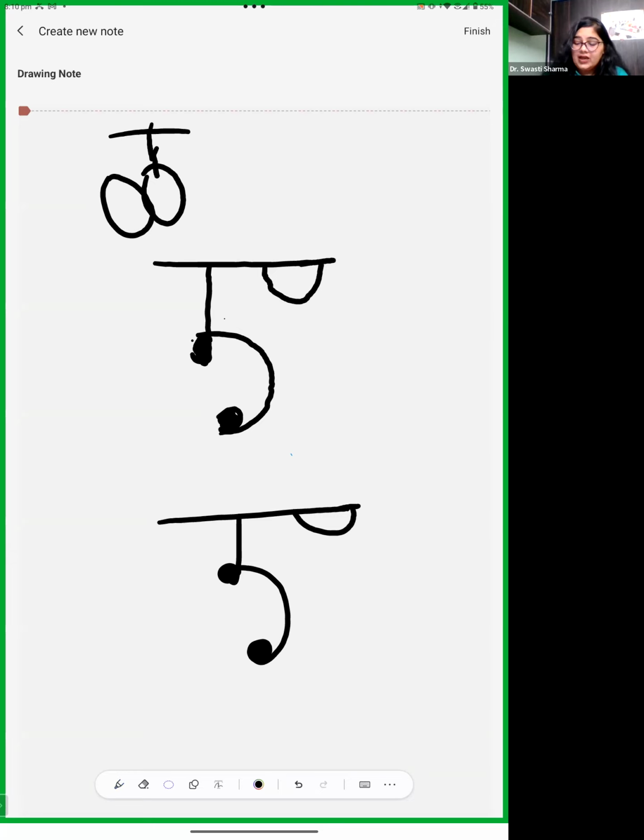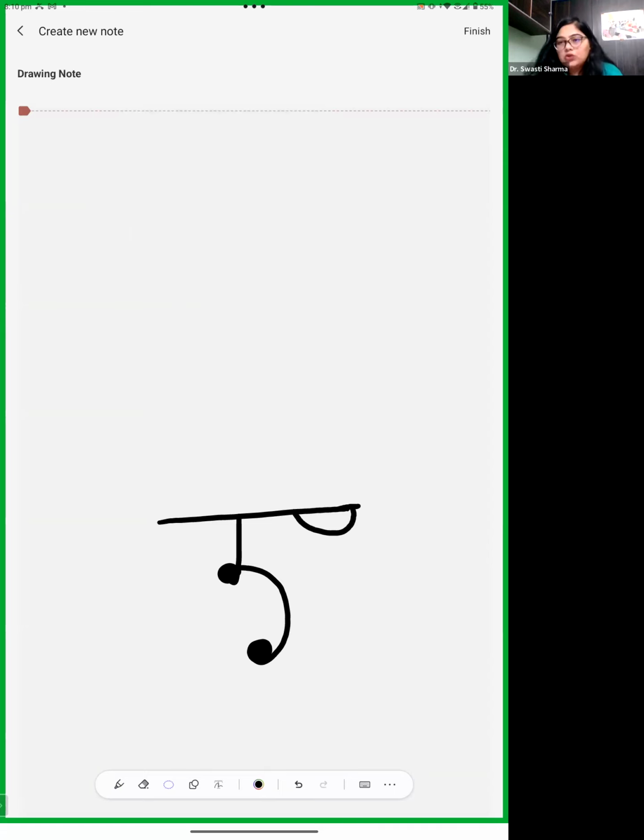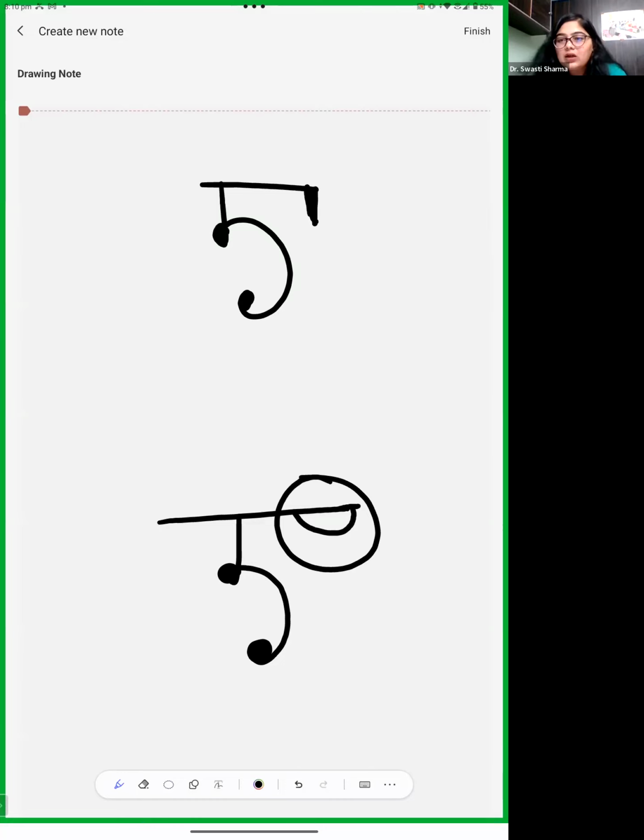To be very frank, I haven't seen this letter in the manuscripts, but this was taught to us. There is no confusion, because if we have to make da, it comes like this, only there is a stroke. It's not like this. But if you find this shape in front of the da, you can understand it's the Vedic ra.